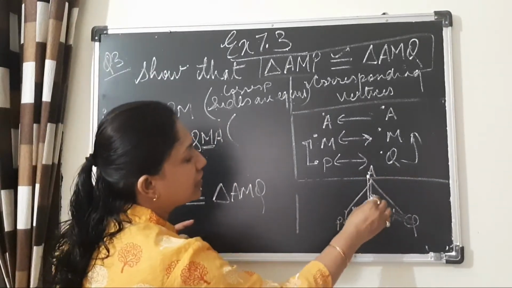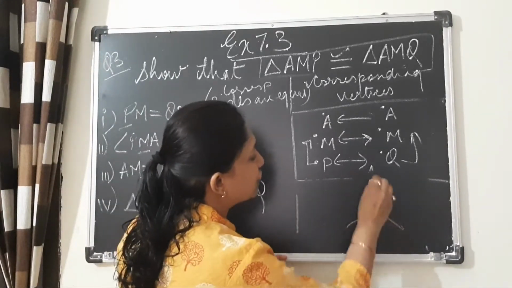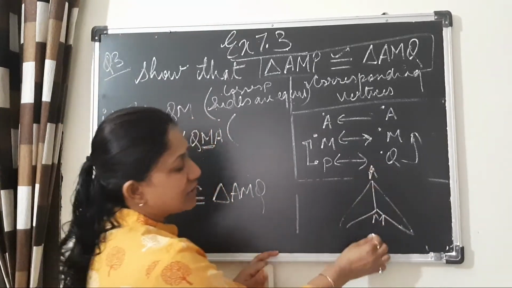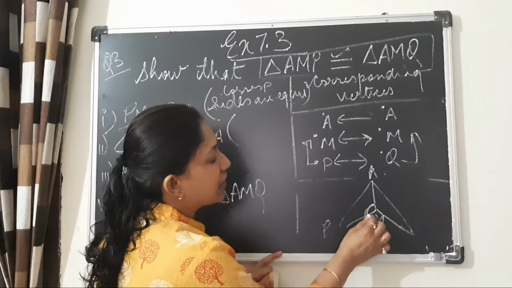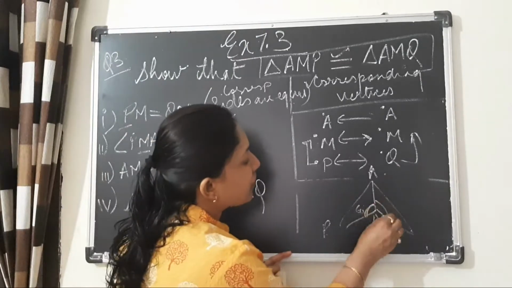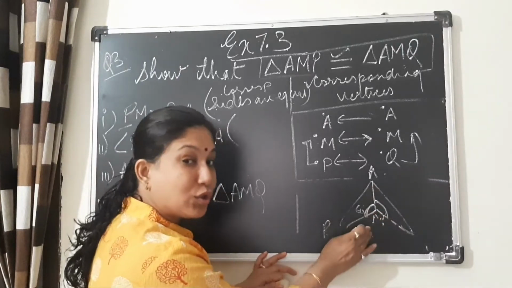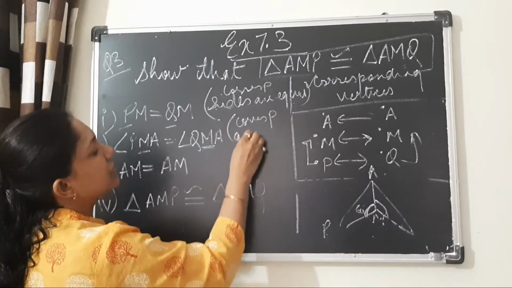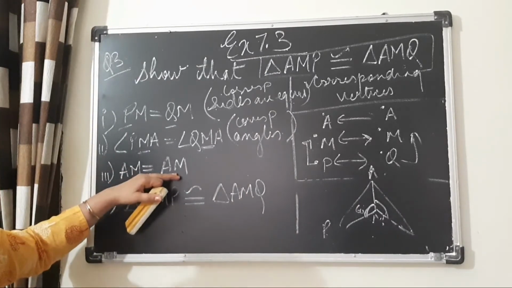So angle M here and angle M there are both equal. The reason is the corresponding angles, with M matching with M. We have two triangles joined together with common vertices A and M. Suppose angle M in triangle AMP is 60 degrees; the angle M in the other triangle is also the same. So you write corresponding angles are equal.